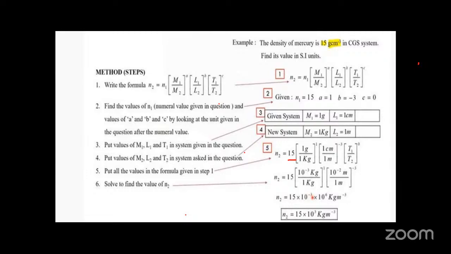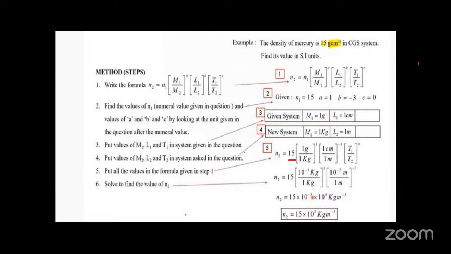And T, there is no T, so we just leave it as it is. Now, don't forget the powers to which they are raised. A is 1, B is -3. So we raise them accordingly.